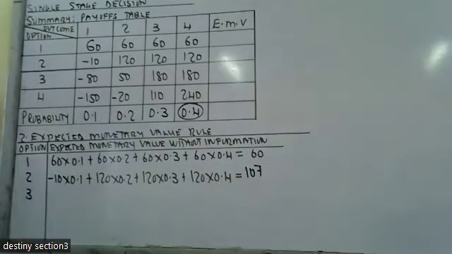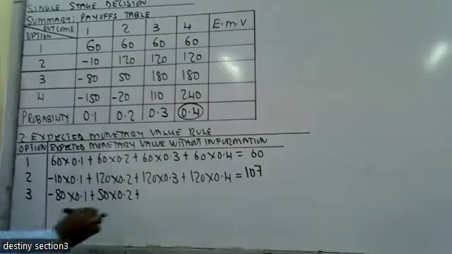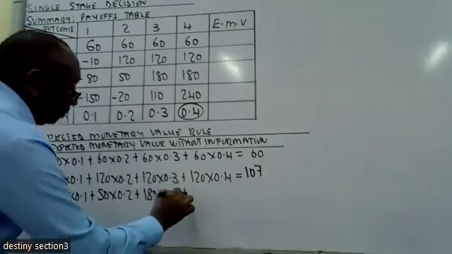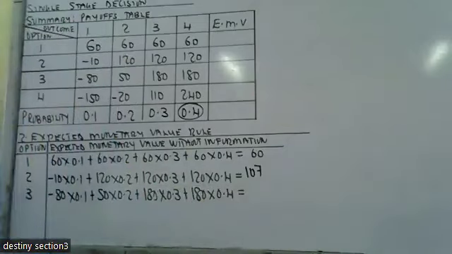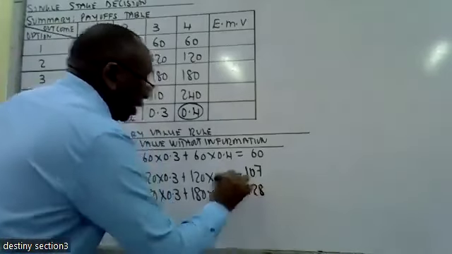We go to option number 3. It is minus 80 times 0.1 plus 50 times 0.2 plus 180 times 0.3 plus 180 times 0.4. That gives 128.